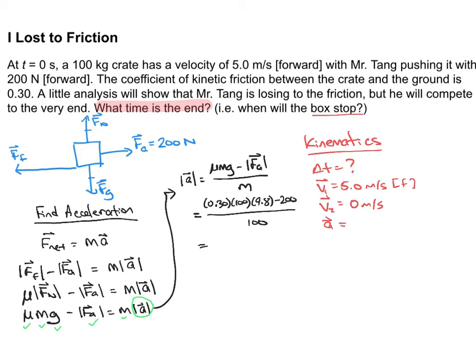Okay. Can I just cancel the masses? No. Because in the numerator there's two terms, and if I want to cancel the mass, both of those terms have to have mass to divide out. But when I fill in the numbers here, I'm actually given pretty nice numbers. Both of the terms in the numerator are divisible by 100, so I can actually divide them both by 100 to do this.